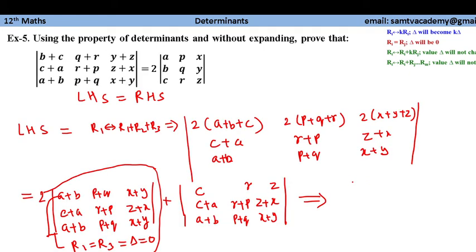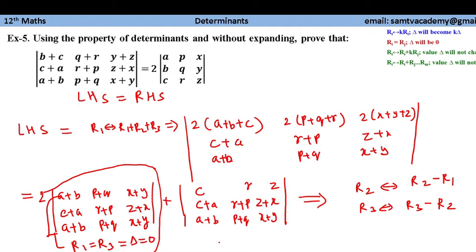What we are going to do next is replace R2 with R2 minus R1 and replace R3 with R3 minus R2.